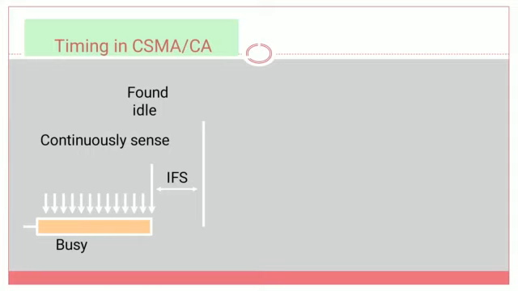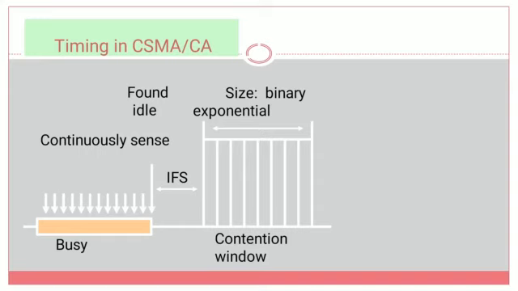Why do we use this IFS? It is mainly used to provide the priority of the station or the priority of the frame which is to be sent first. Next it will move to the contention window. So what is this contention window? Whatever the time period is, it is divided into slots.